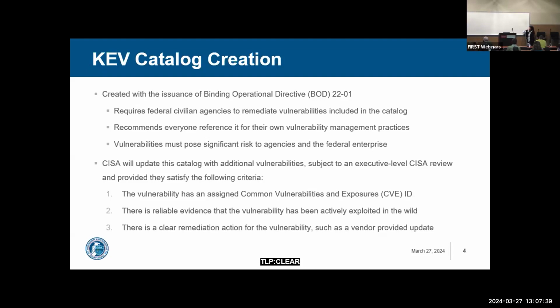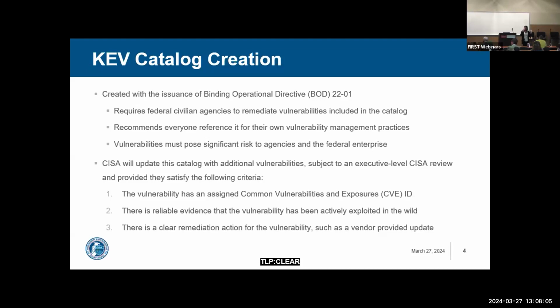It's very important that everybody makes the relationship between the KEV and the BOD, because what the BOD does is require federal civilian agencies to remediate every single CVE that we add to the KEV. But it also recommends everyone to reference this list to manage their own vulnerability practice.